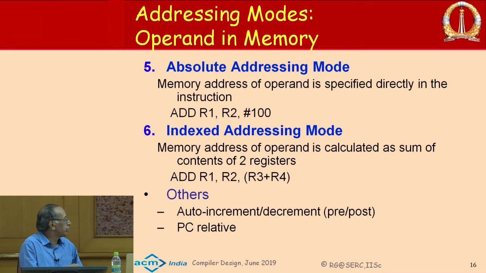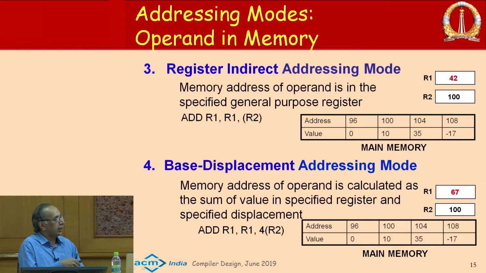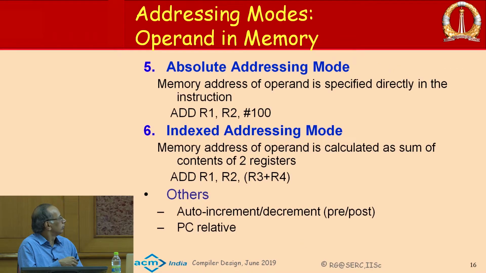Typically, a RISC machine would support the register direct addressing mode, the immediate addressing mode, and the base displacement addressing mode. Only 3 addressing modes. Whereas a CISC architecture might support this, and maybe all of this.